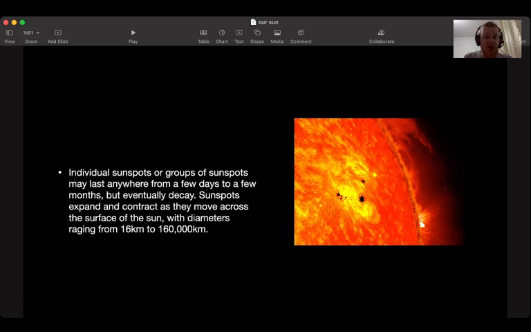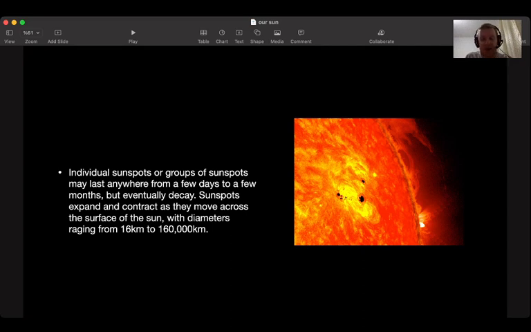Individual sunspots or groups of sunspots may last anywhere from a few days to a few months, but eventually decay. Sunspots expand and contract as they move across the surface of the sun, with diameters ranging from 16 kilometers, just 16 kilometers, guys, very little, to 160,000 kilometers.